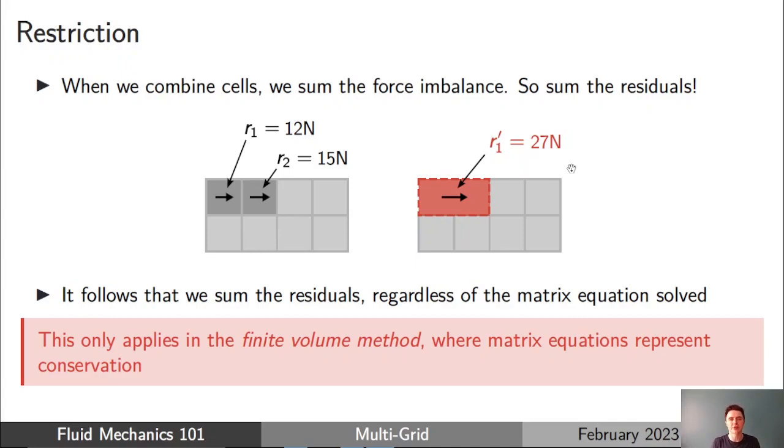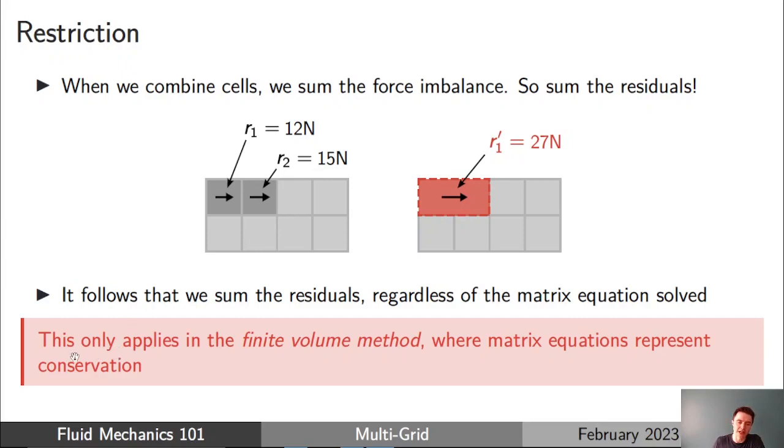So just from these previous 2 examples, you can see that regardless of what our linear algebraic equation actually represents, when we agglomerate the cells together, we're going to sum the residuals, regardless of whether we have the energy equation or the momentum equation.